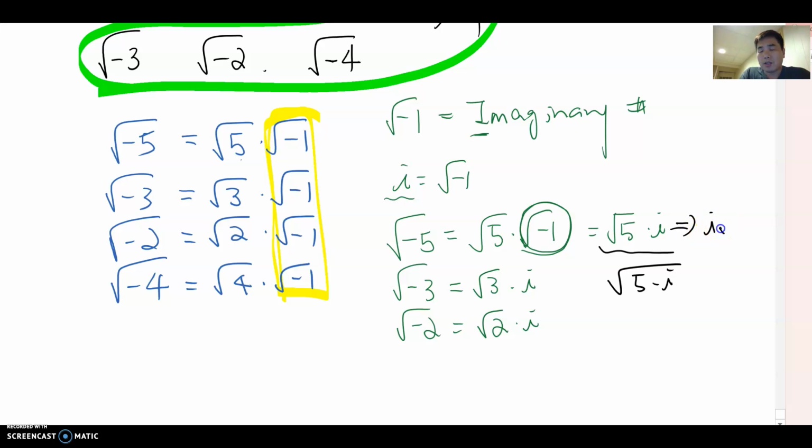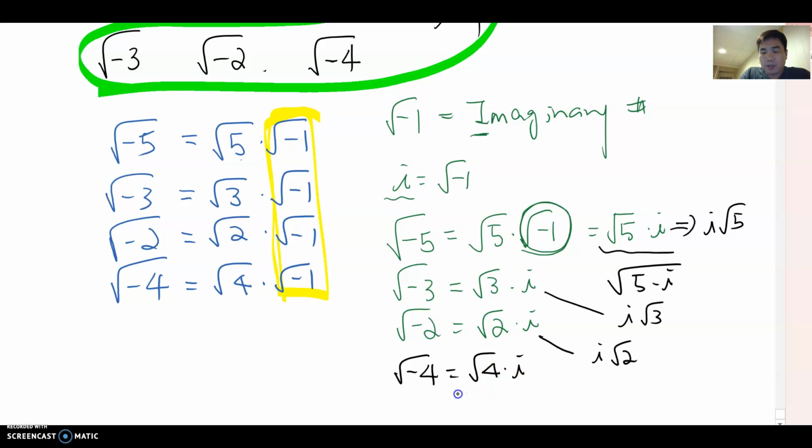So i root 5, this becomes i root 3, this becomes i root 2. But root negative 4 means root 4 times i. In other words, you can write 2 times i.